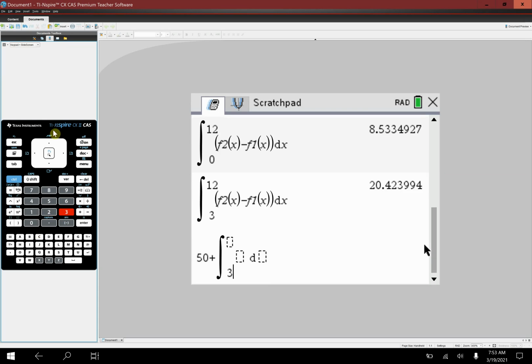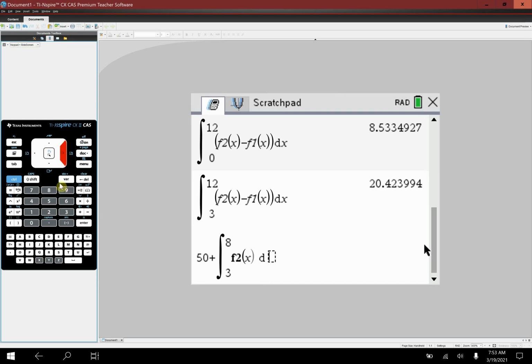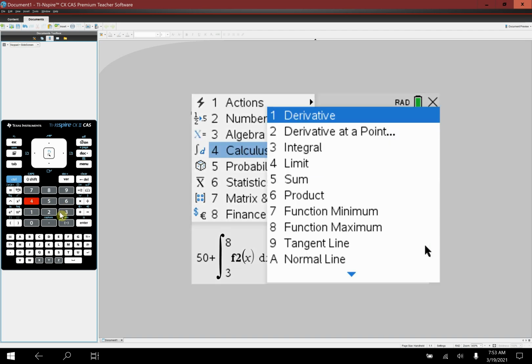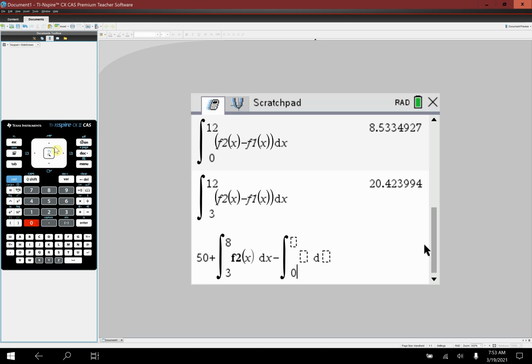Start getting used to those shortcuts, right? From 3 to, not 12, 3 to 8 of f2 of x dx. Be careful about your order here. Minus, and then we have our integral from 0 to 8 for the amount removed, f1 of x dx.